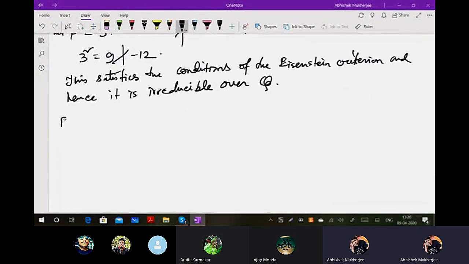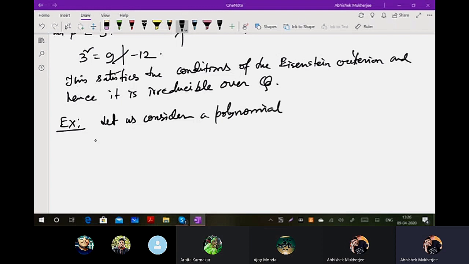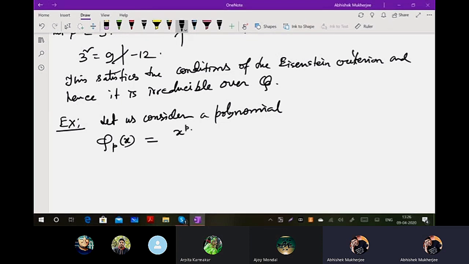Now another example. Let us consider a polynomial of the form phi p x equals x to the power p minus 1 by x minus 1.